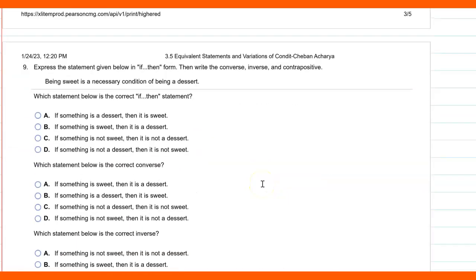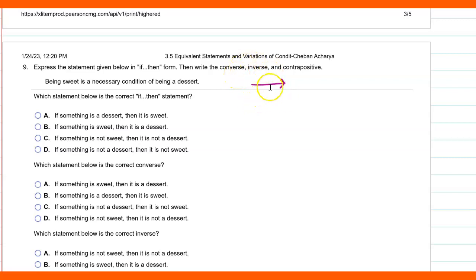Question number 9. Express the statement given below in if-then form, then write the converse, inverse, and contrapositive. Here's the question: being sweet is a necessary condition of being a dessert. Because of the word necessary, this is a conditional statement, so you start with the arrow.